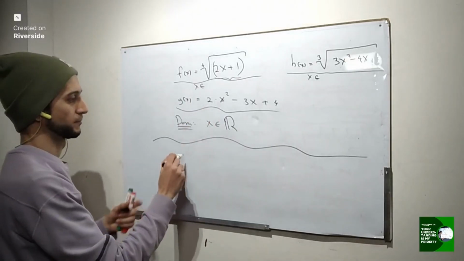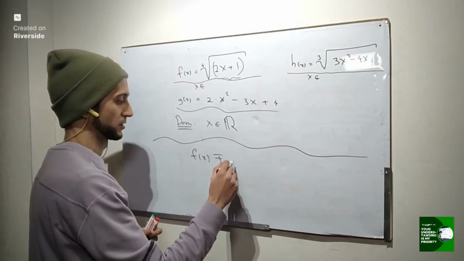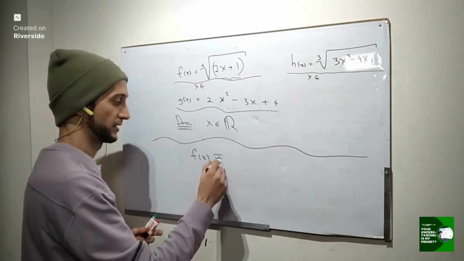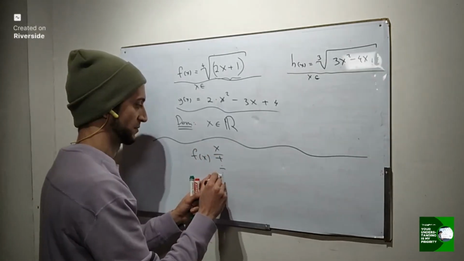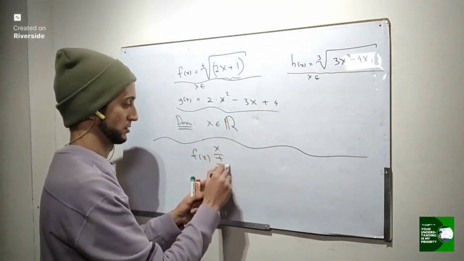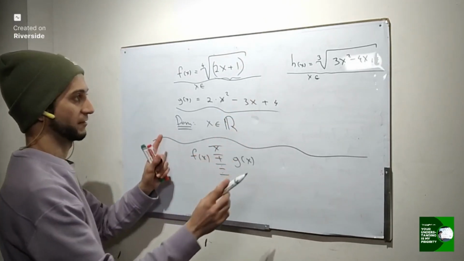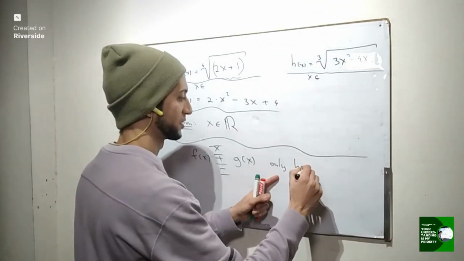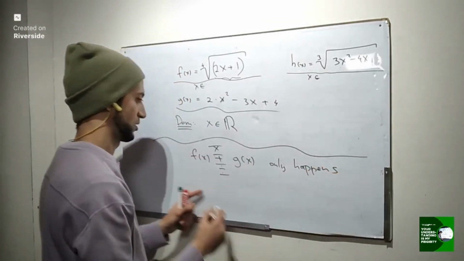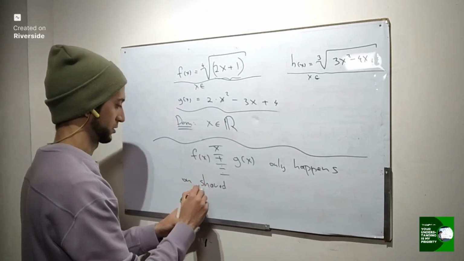But in order to allow ourselves to actually add or subtract or multiply or divide, all of those actions can only be done if, and it can be g of x, can be h of x, whatever combination you're trying to create, it only happens on shared portions of their domains.